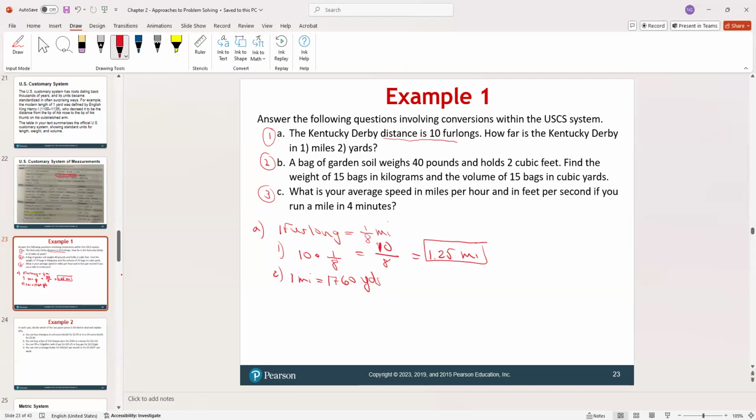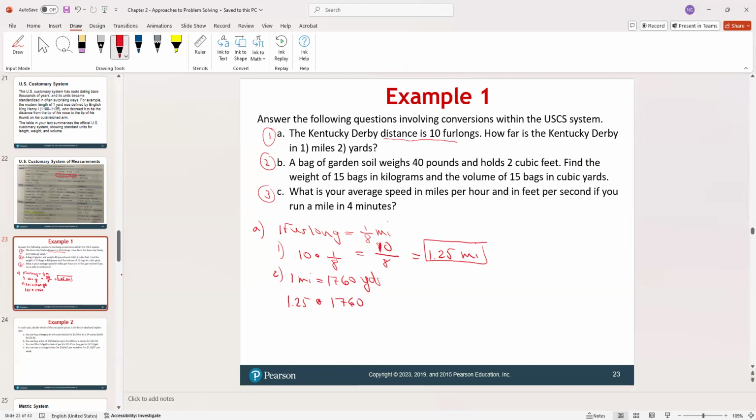So if 10 furlongs is 1.25 miles, and 1 mile is 1,760 yards, all you need to do is take 1.25 and multiply it by 1,760.